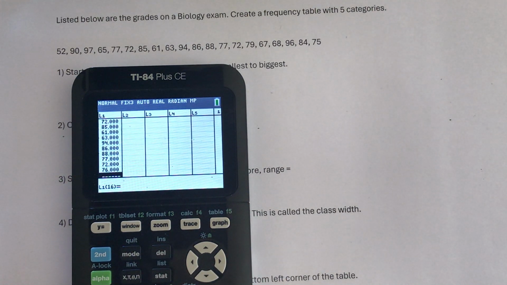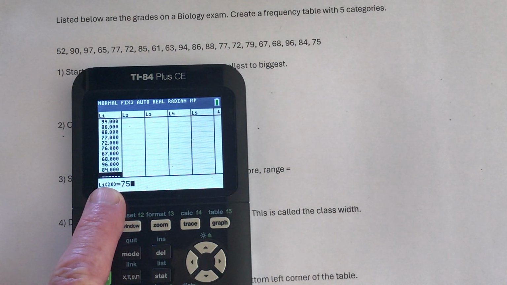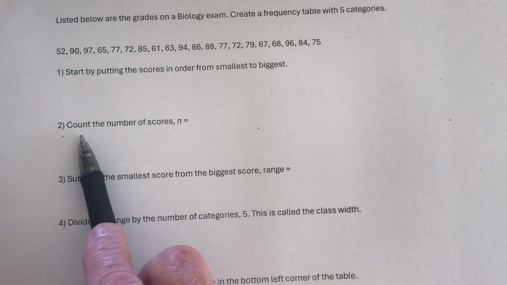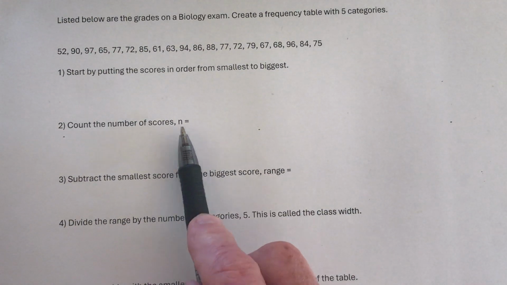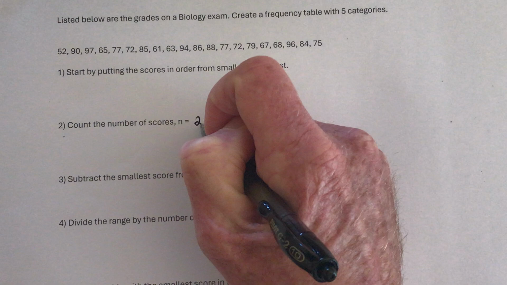And then I keep going. 67, 68, 96, 84, 75. The number right here in the parentheses is how many numbers there are, so there's 20. Count the number of scores. In statistics, we use n for number, so that's 20 scores.